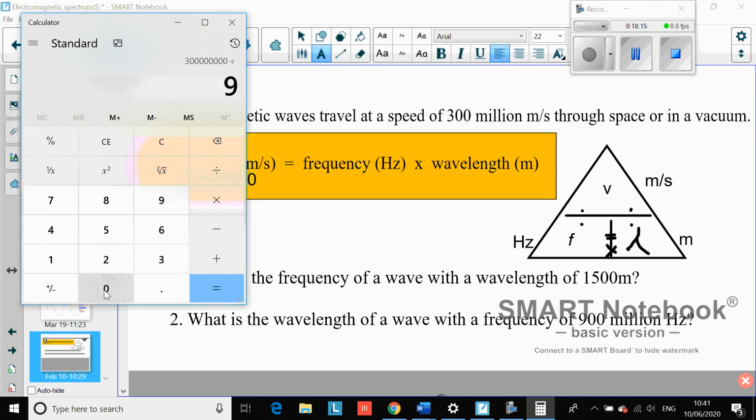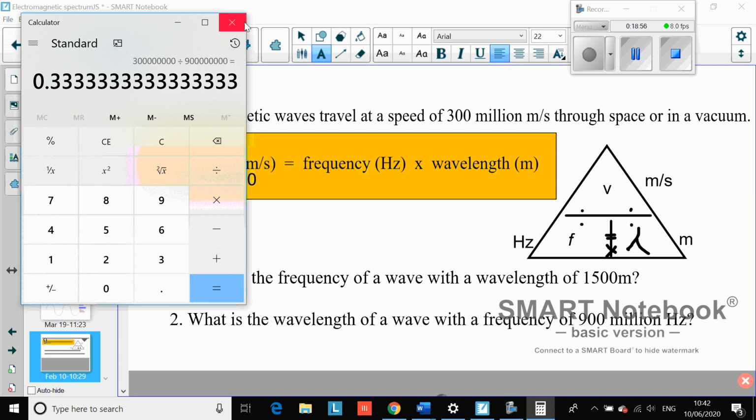Oh, sorry, I've done that wrong. So 300 million divided by 900 million equals 0.33. So in this case, the wavelength is 0.33 meters, or you could just say 33 centimeters. Okay, so that's an example of that.